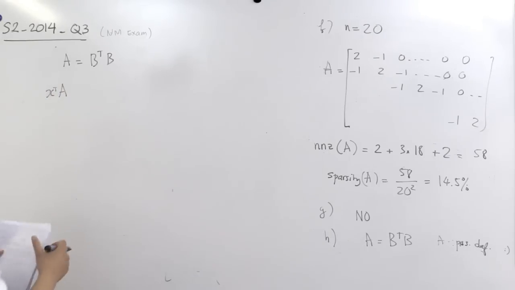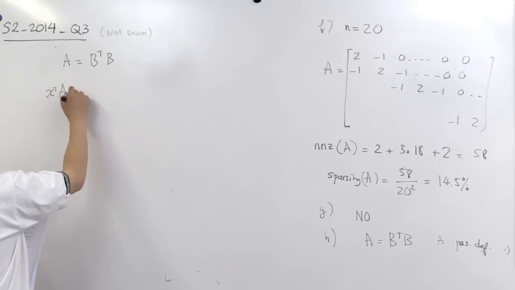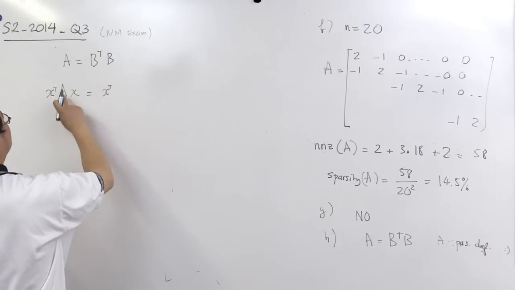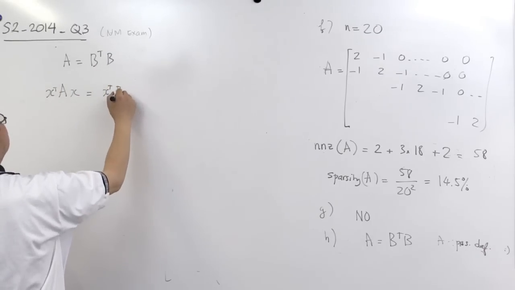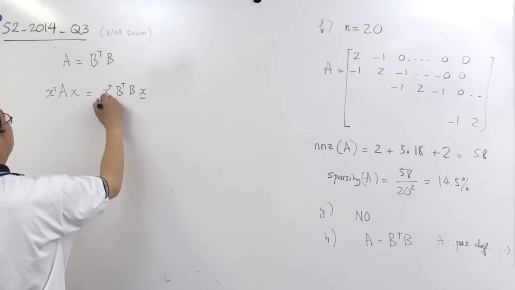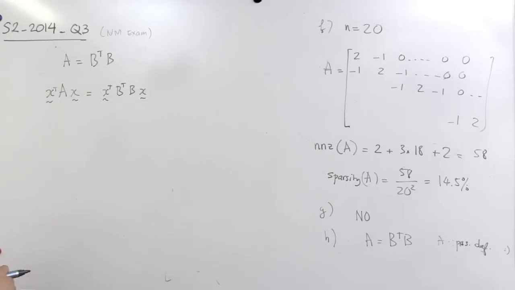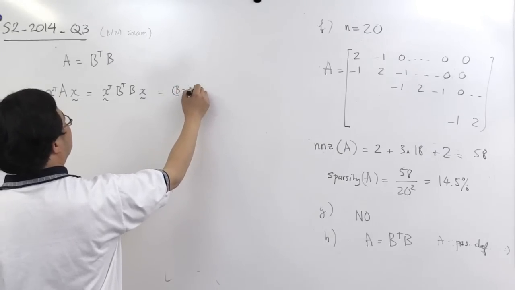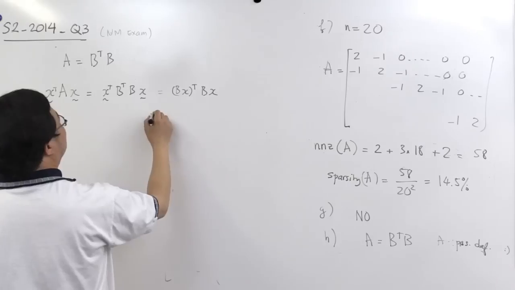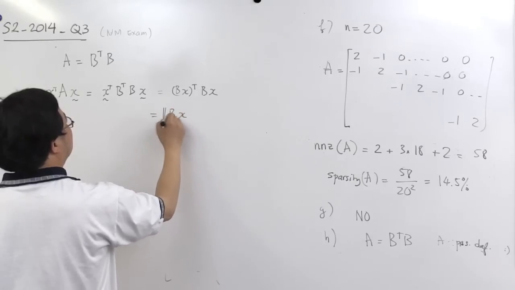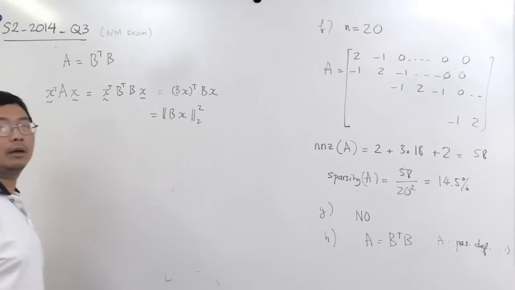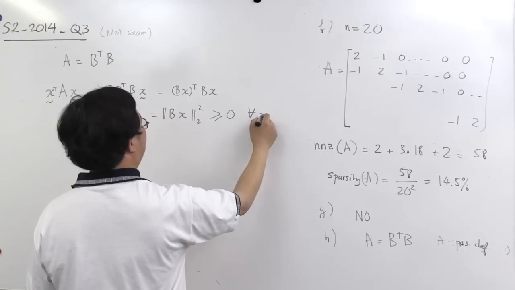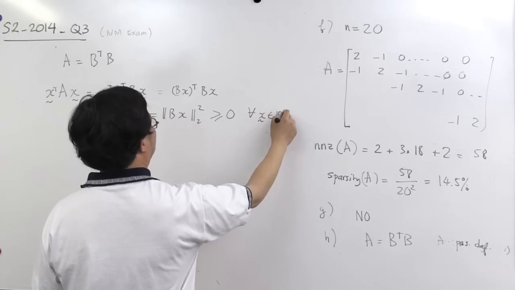If I take a vector x, x transpose A x, then I replace A by B transpose B: x transpose B transpose B x. This is just (Bx) transpose (Bx), which is the norm of Bx squared. And this is greater or equal to 0 for all vectors x in R^n.